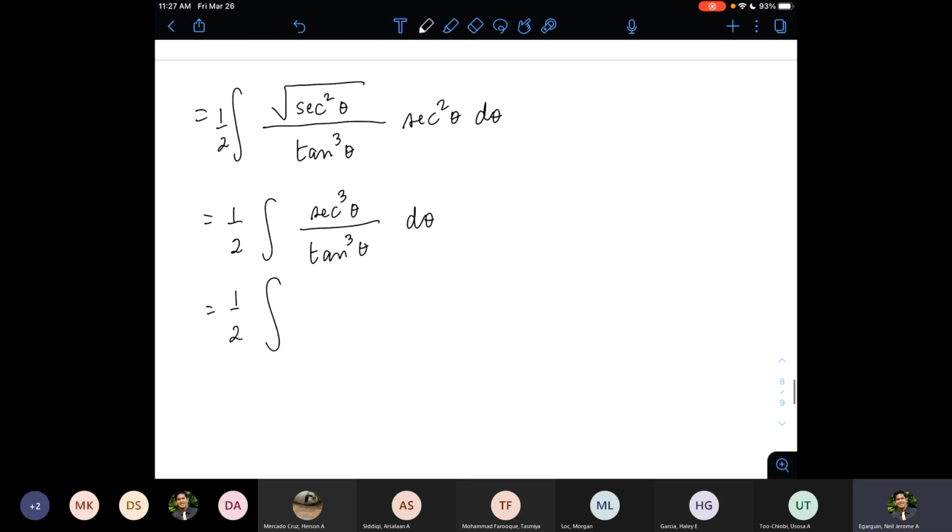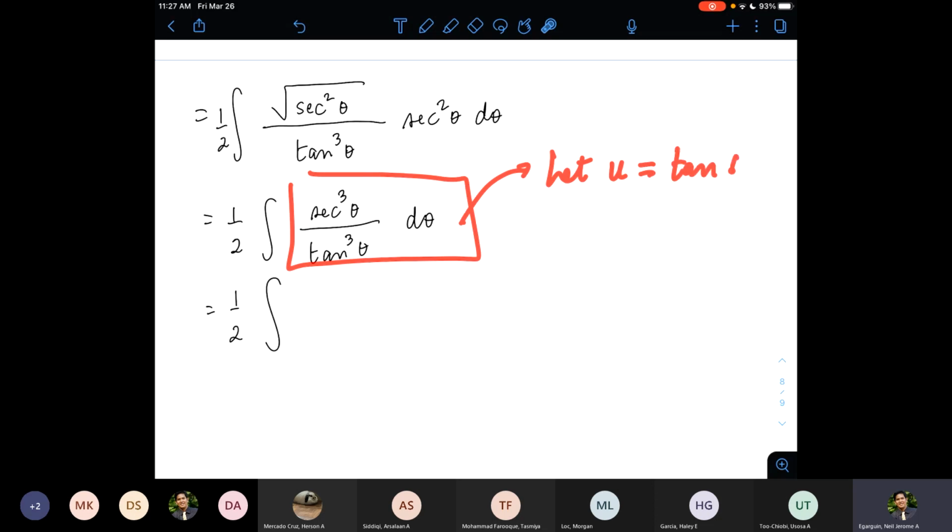Because here, one option is when you have the simplified form, you can try u substitution. But if you try u substitution, your prime candidate for u is tangent theta, right? Something from the denominator. But that will require a du equal to secant squared theta d theta, which looks fine.